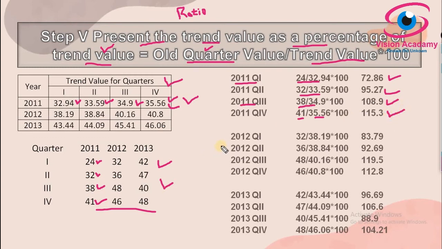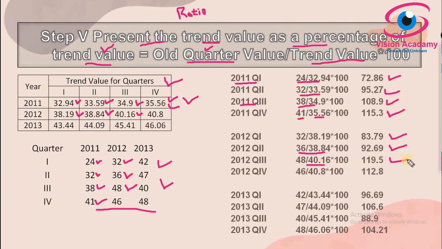115.3. And now for 2012 quarter 1, the old value is 32 and the trend value is 38.19. So 32 by 38.19 is 83.79. For 2012 quarter 2, 36 is the old value, 38.84 is the trend value. 36 by 38.84 into 100 will be 92.69. For the third quarter of 2012, the old value is 48 and the trend value is 40.16. 48 by 40.16 into 100 will be 119.5, and so on.